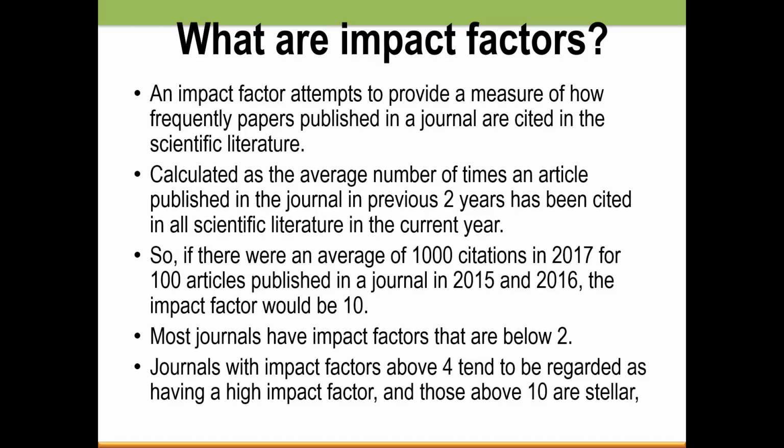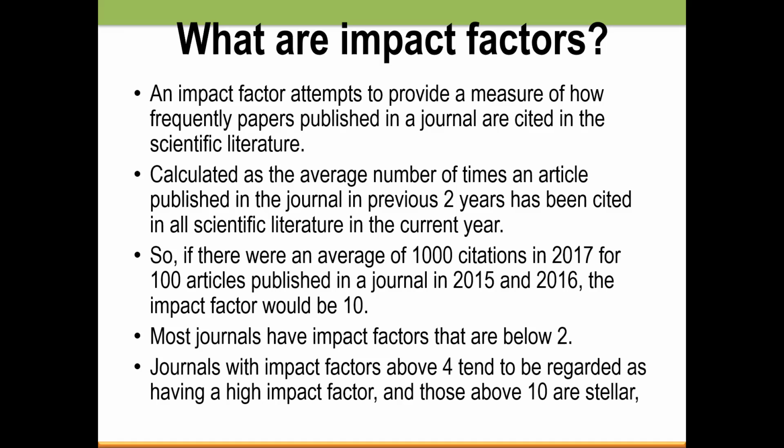So if there were an average of 1,000 citations in 2017, for example, for articles published in a journal in 2015 and 2016, then the impact factor would be 10. Let me break it down.